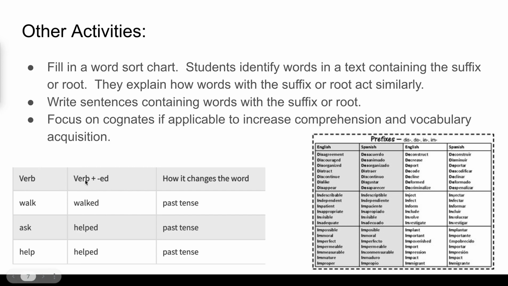So let's say we're focused on ed endings. Okay, so they would find the verbs walked, asked, helped, and then they would comment on how the ed ending affects the verbs. Well, in this case, it gives them all a past tense usage. They're used in the past tense.